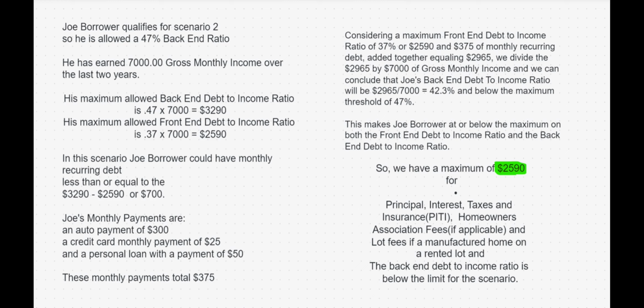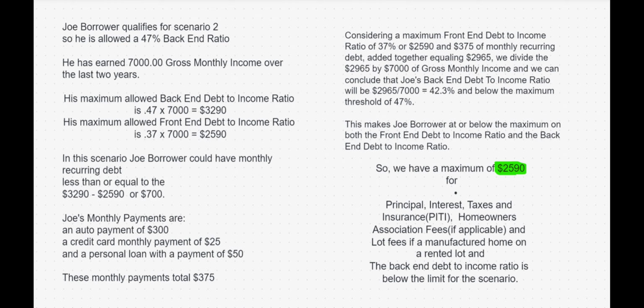Now, considering a maximum front-end debt-to-income ratio of 37% or $2,590 and $375 worth of monthly recurring debt added together equaling $2,965, we divide the $2,965 by the $7,000 of gross monthly income, and we can conclude that Joe's back-end debt-to-income ratio will be $2,965 divided by the $7,000, which equals 42.3%, and is below the maximum threshold of 47% debt to income ratio.